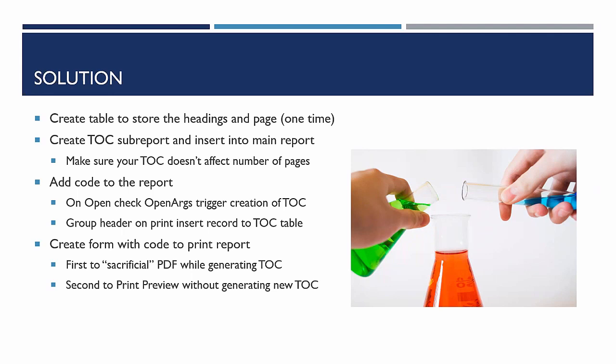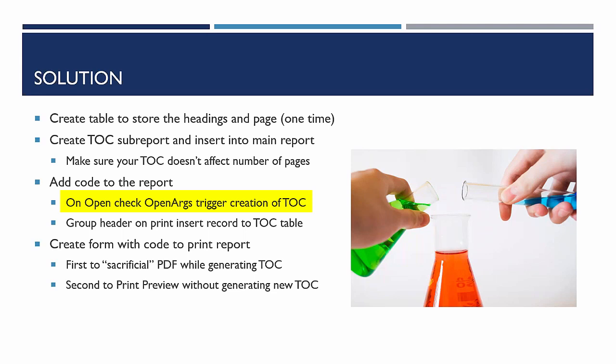Make sure that your table of contents doesn't affect the number of pages. By putting it in there, if it is allowed to grow as it's rendering within your report, that's something we really don't want. Then you add code to the report.